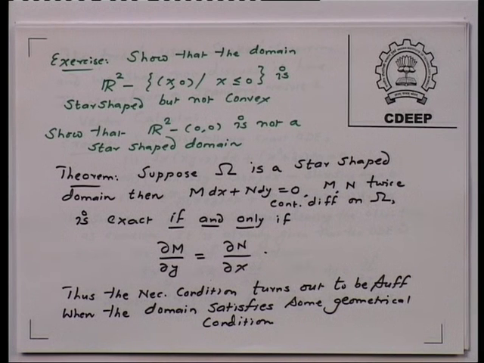So, star shaped is a very nice condition, easily describable condition. Somebody mentioned simply connected. That is a further generalization, but it is more difficult for me to explain to you what a simply connected region is. It does not have a simple description like this. Okay. So, we will stop here today and we will continue tomorrow.